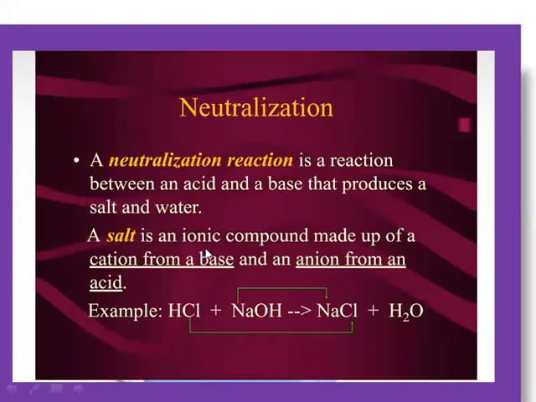A salt is an ionic compound made up of a cation from the base and an anion from an acid. For example, hydrochloric acid reacts with sodium hydroxide. Here, the salt is formed as sodium chloride along with a water molecule.